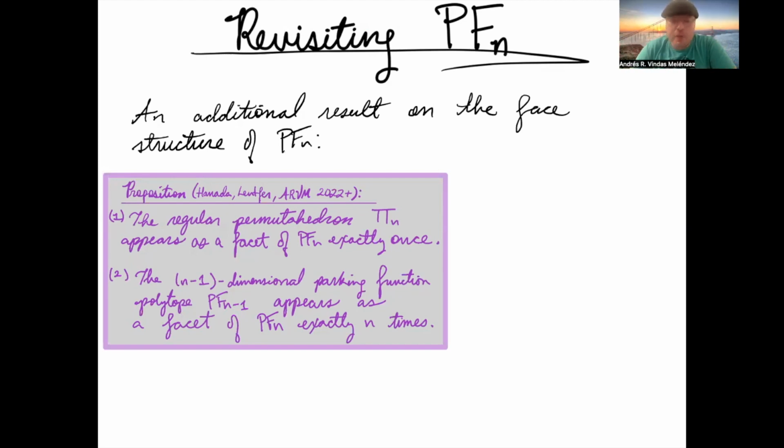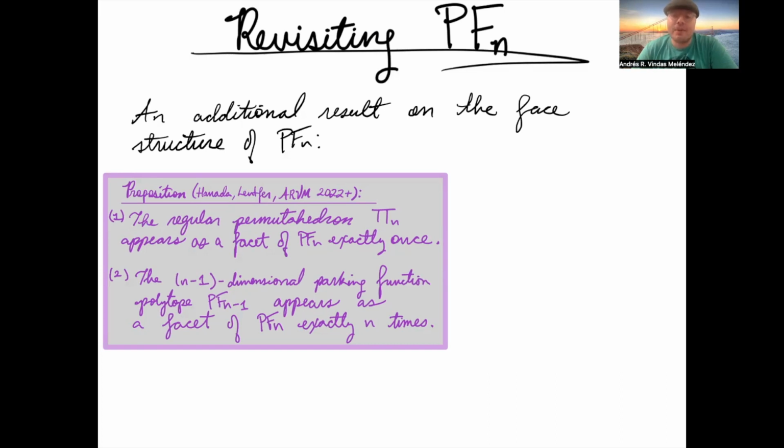What this result says is that the regular permutahedron appears as a facet, an n minus 1 dimensional face, of the classical parking function polytope exactly once. And the second point of this proposition says that the n minus 1 dimensional parking function polytope, that's 1 dimension lower, appears as a facet of the n parking function polytope exactly n times.